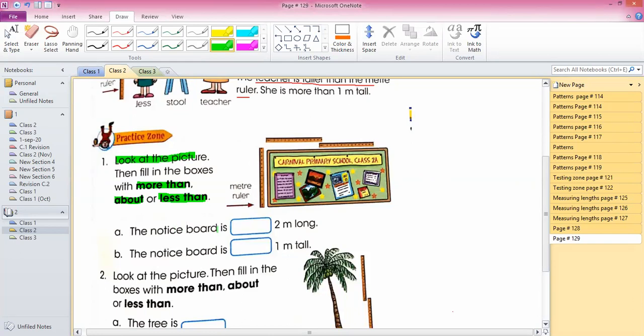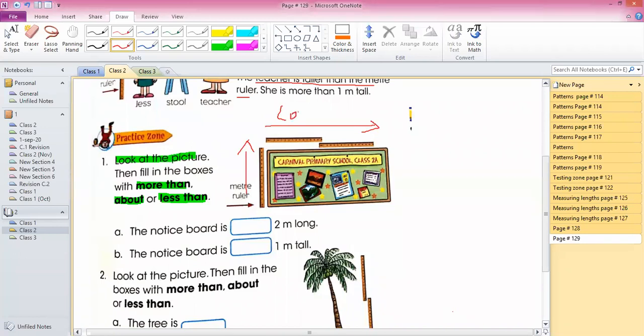The notice board is 2 meter long. Guys, for long, we will use this direction, horizontally. For tall, you will check the height, and for long, you will check the width.